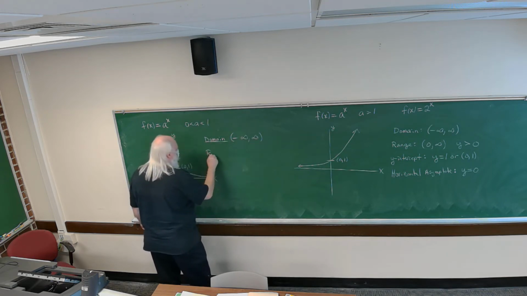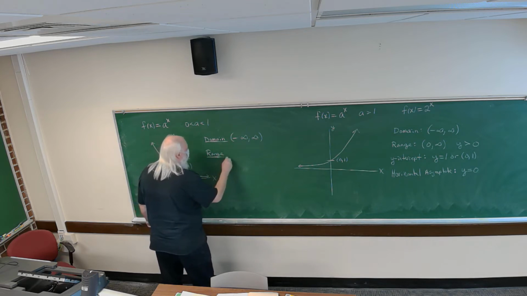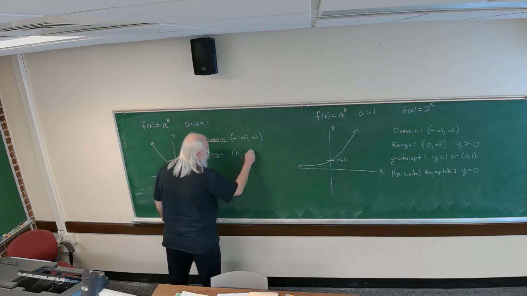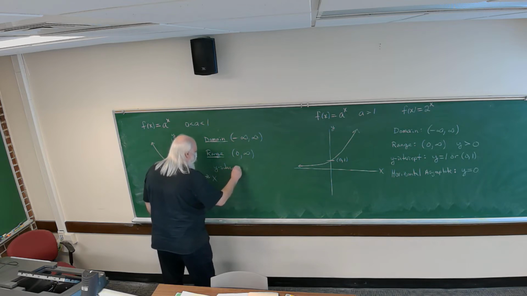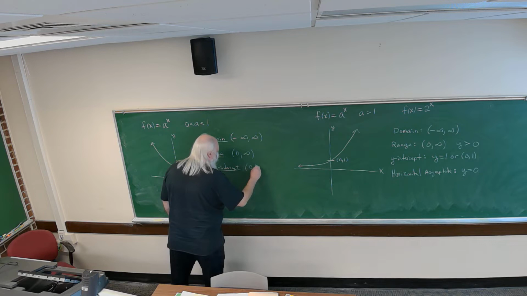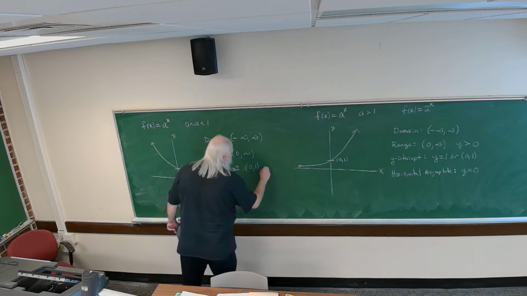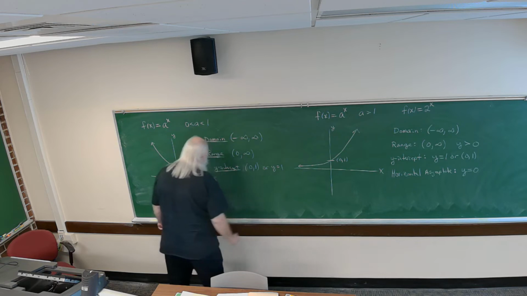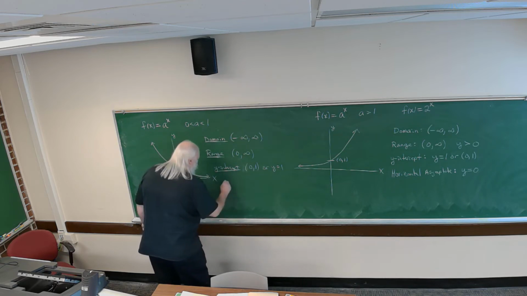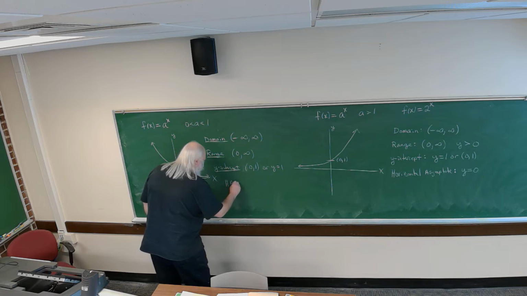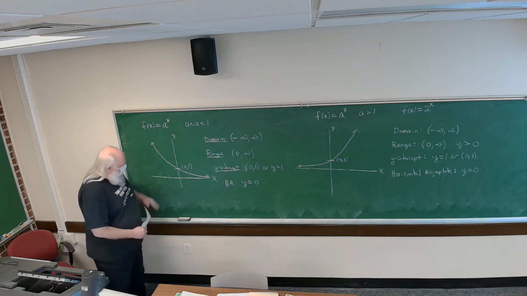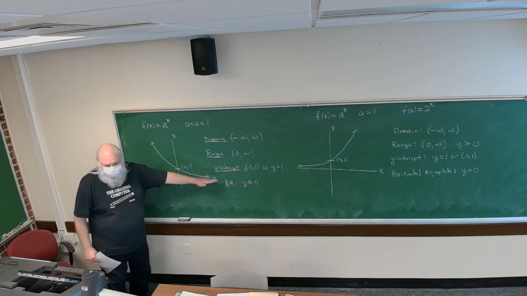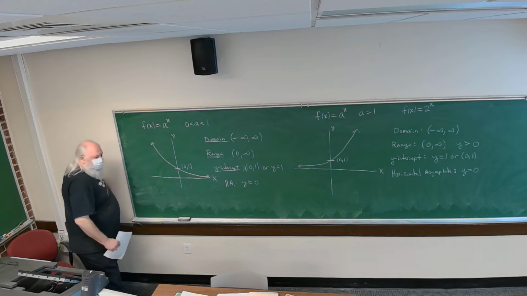The range again goes from 0 to infinity. The intercept again is the point 0, 1, or y equals 1. And the horizontal asymptote is the horizontal line y equals 0, or the x-axis, except the horizontal asymptote is now going to the right instead of going to the left.